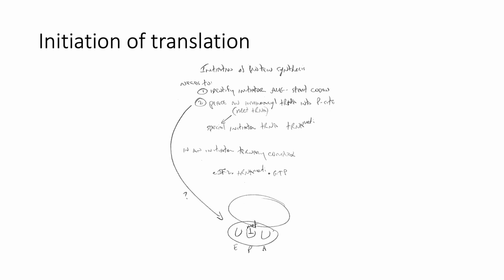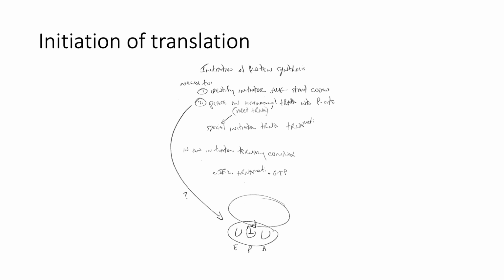So initiation of translation, this is the very beginning of the process. And what we see, if we look at the ribosome and the amino acid and transfer RNA that is there, shown at the bottom, is that the initiator transfer RNA, which is methionine, is in the P site.